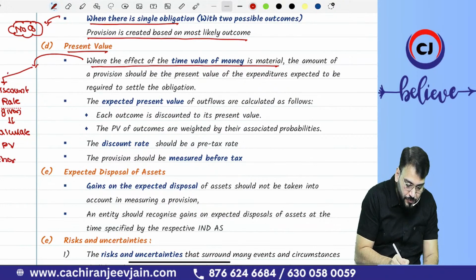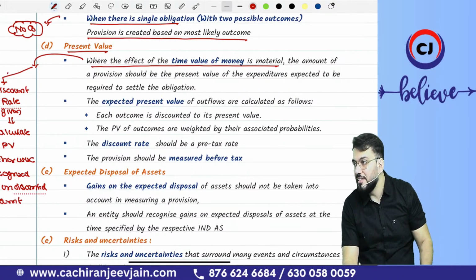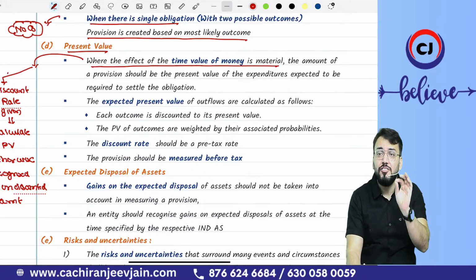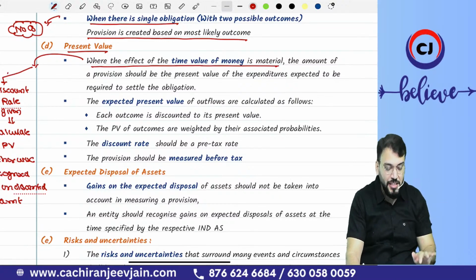Otherwise, recognize at undiscounted amount. Because in exam, we can't assume rate of interest. Whenever rate of interest is not given, we'll ignore it. Okay?